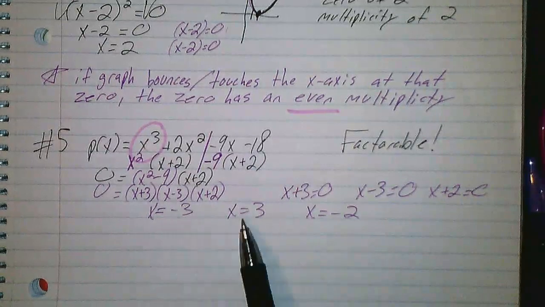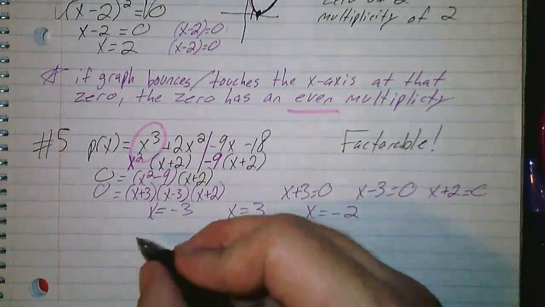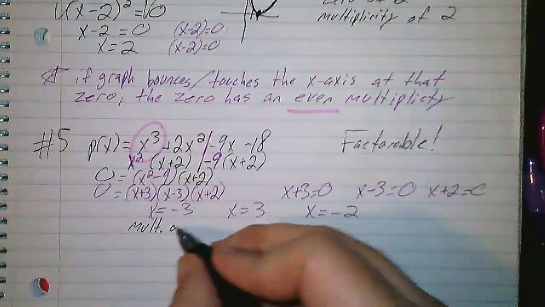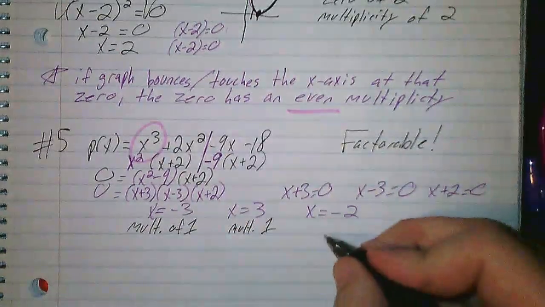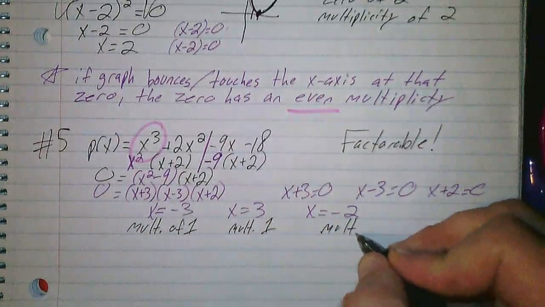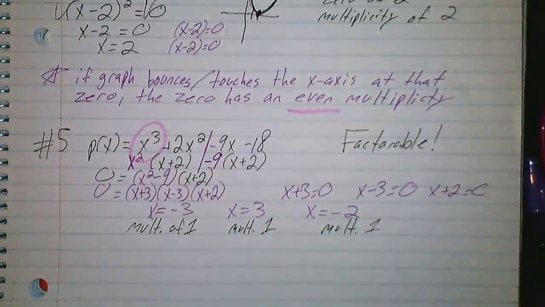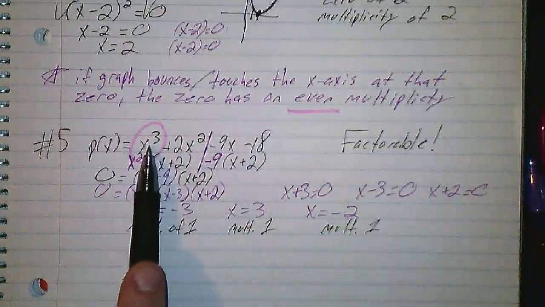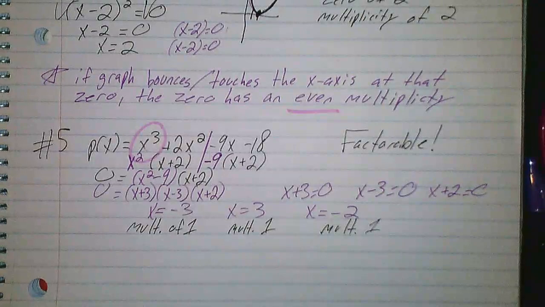So these could not have a multiplicity higher than 1. So it will ask you individually, multiplicity of 1, multiplicity of 1. And x equals negative 2 also has a multiplicity of 1. Again, the sum of our multiplicities will never exceed the exponent of our leading term.